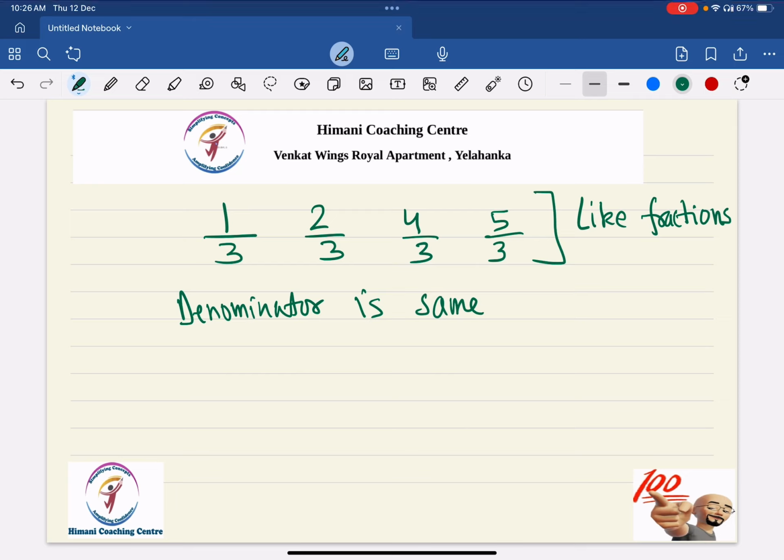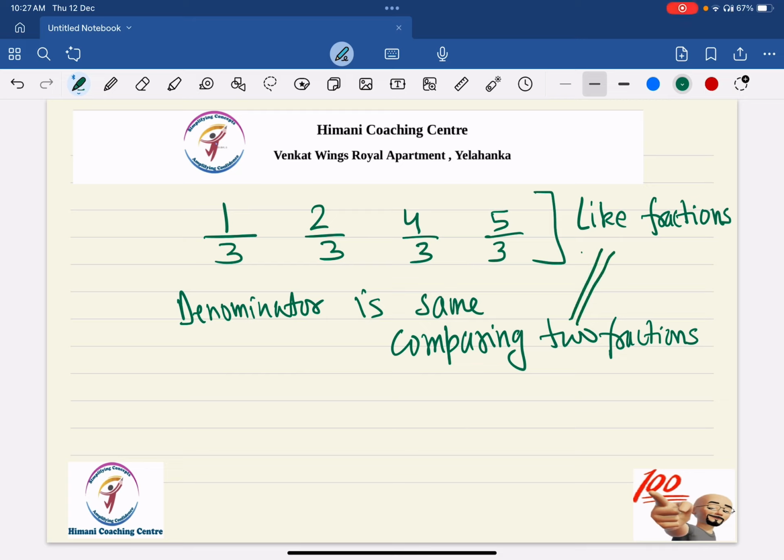So if we want to compare two fractions, they should be like fractions. Comparing two fractions is possible only when they are like fractions.